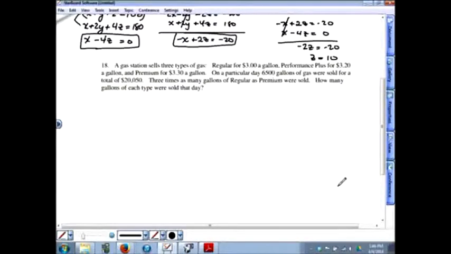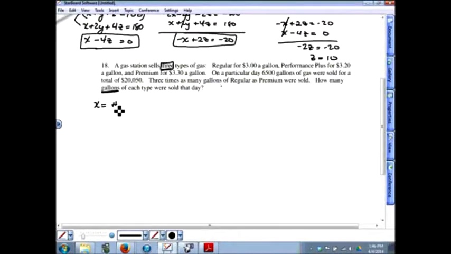Okay, question 18. There's 3 types of gas, and the question is asking how many gallons right here of each type of gas were sold. Since there's 3 types and they're asking for the number of gallons for each, we need 3 different variables.